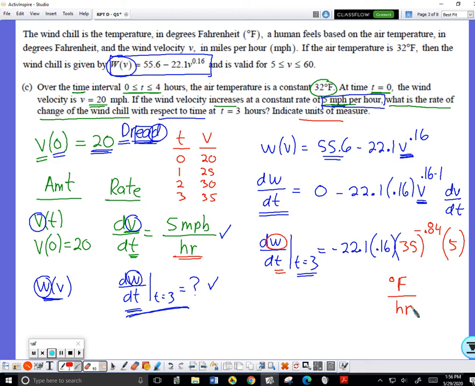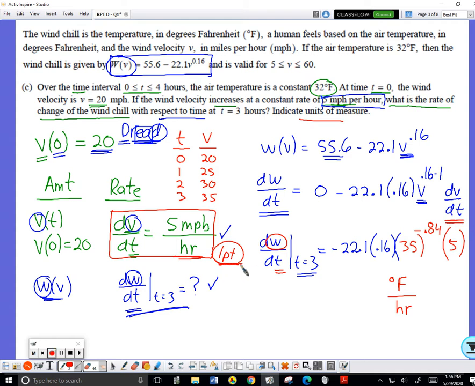And the way the points were awarded on this one is they gave 1 point for actually recognizing this. So that earned me a point. If you didn't have that written down but you later used it correctly here, they would still give you that 1 point.